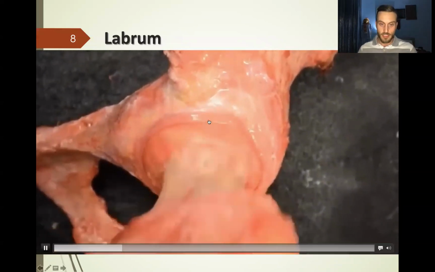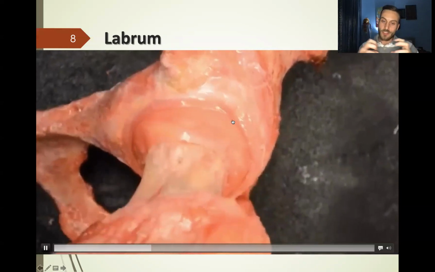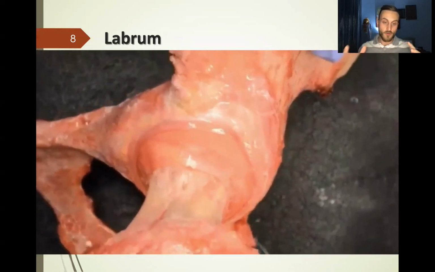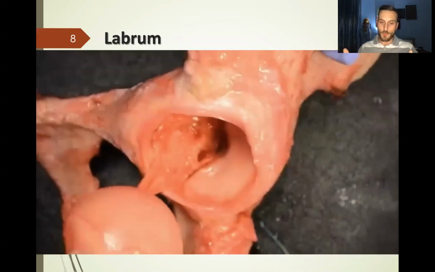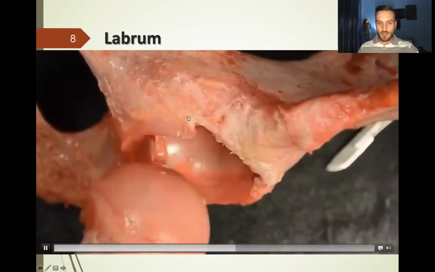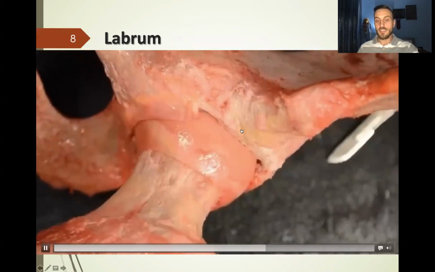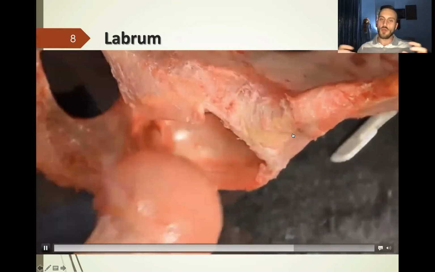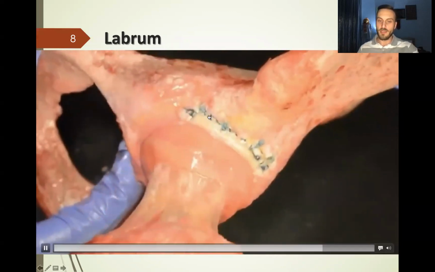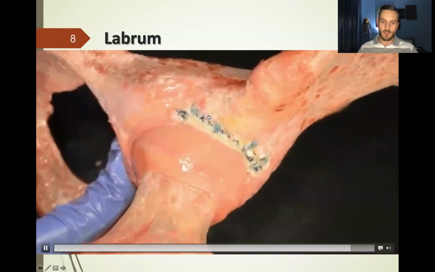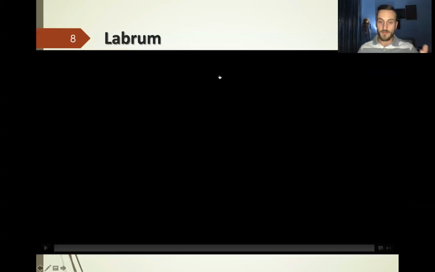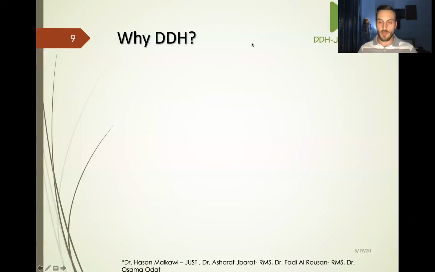So he's trying to dislocate, but it's not dislocating. He removed the labrum, and after he removed it, the head is easily going in and out. After repairing the labrum, again, it's stable. You can hear the sucking effect of the negative pressure. So the labrum is very important.